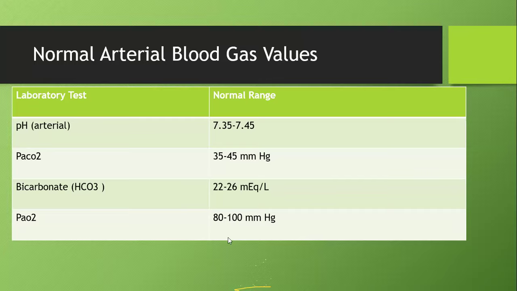Remember, we are not talking about SpO2. SpO2, in terms of the normal value, is different from partial pressure of oxygen. They are two different things. And so for normal partial pressure of oxygen, the normal is 80 to 100. In fact, in arterial blood gas analysis, we don't consider it.